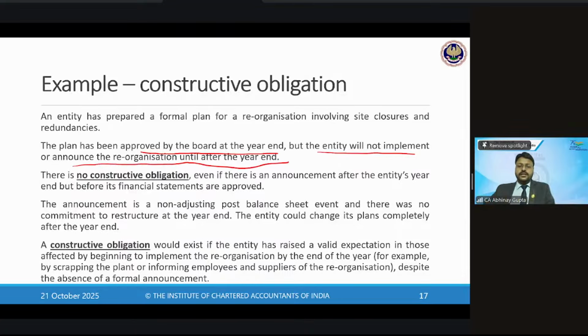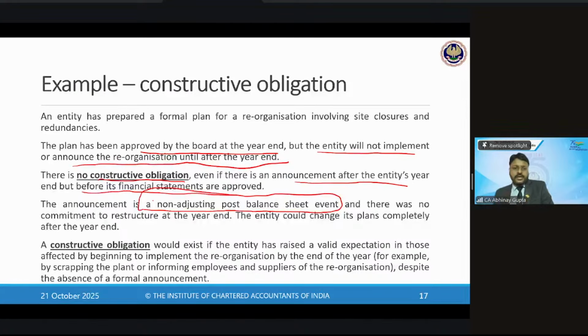So after the year end, the company will announce, but until 31st March, the company has not yet announced the plan. Now, in this case, there is no constructive obligation, even if there is an announcement after the entity's year end but before the financial statements are approved. Why? The announcement is a non-adjusting post-balance sheet event.